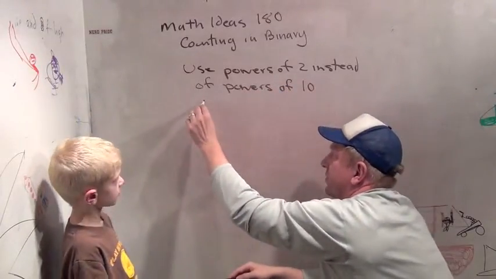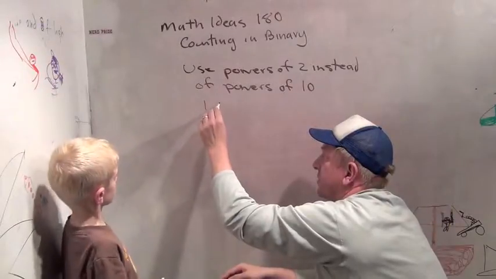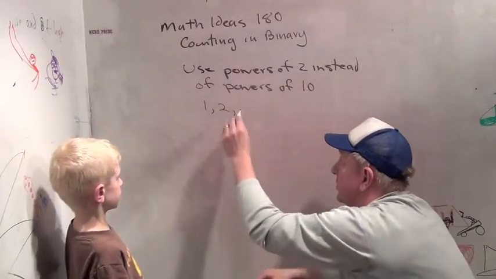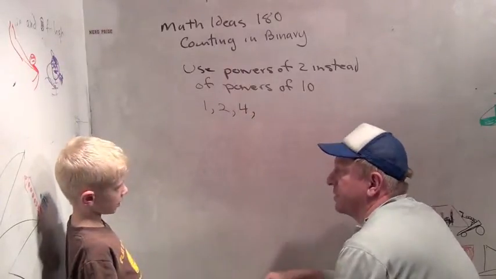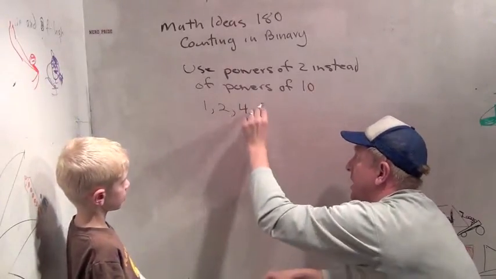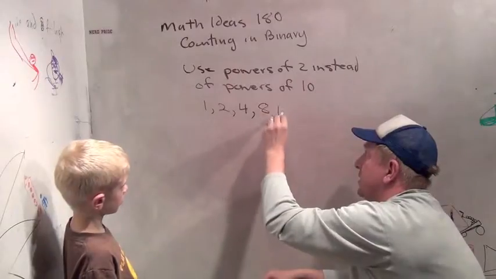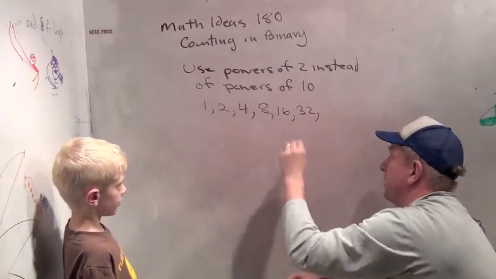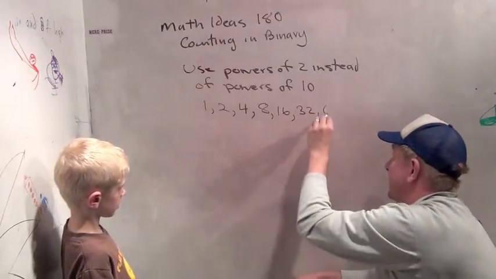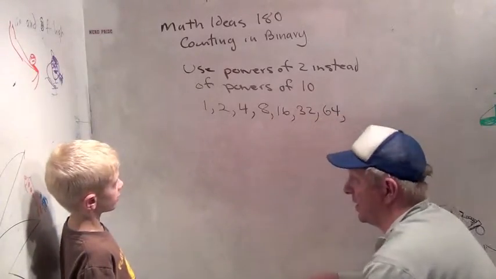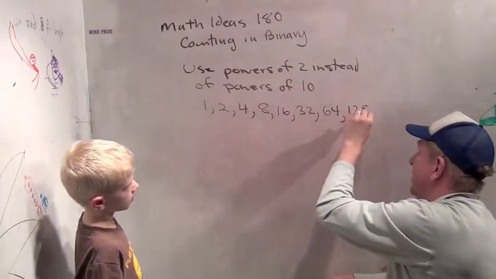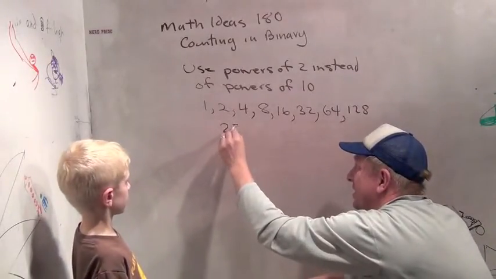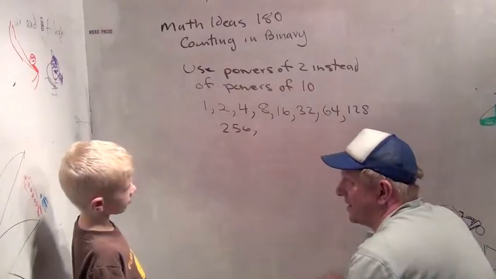Okay? And so the first power of 2, we have 1, then we multiply by 2 to get 2, then 2 times 2 is 4, 4 times 2 is 8, 16, 32, 64. Whoa, you know a lot of these. 128, 256, 512.